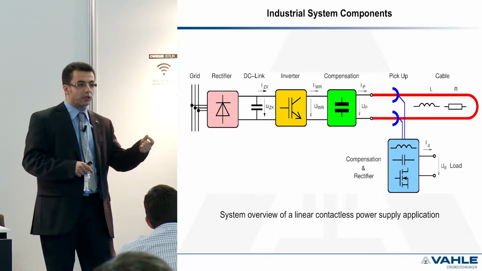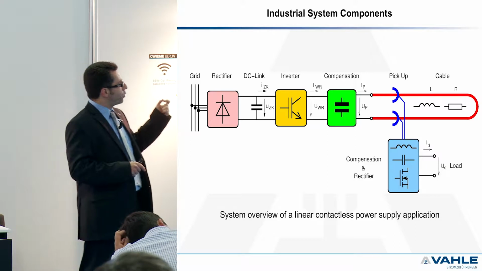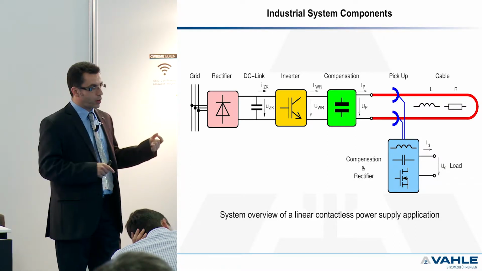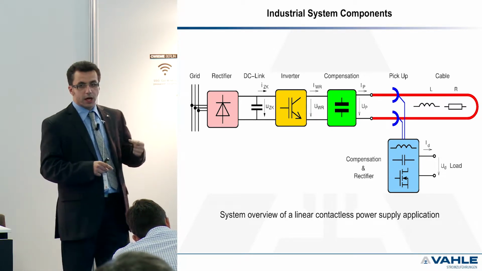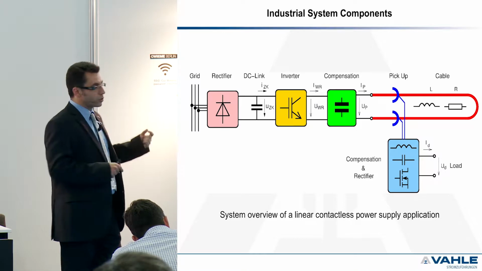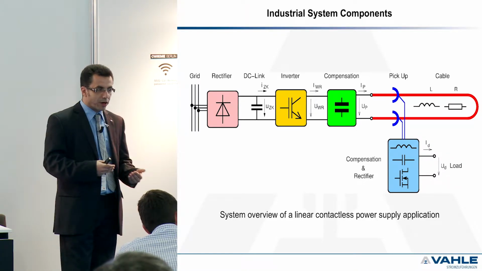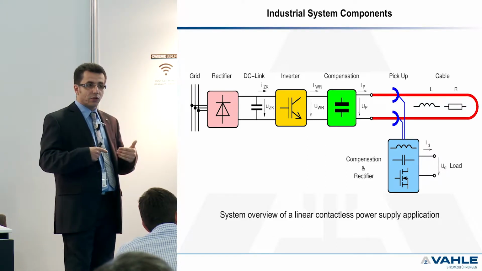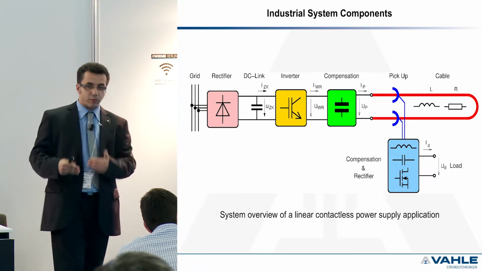This is the key point about wireless power supply. If you have a small coupling, you need not only active power but also reactive power on the coils, and this is produced by compensation. This compensation is a mostly passive capacitive part that increases the reactive power at resonance.